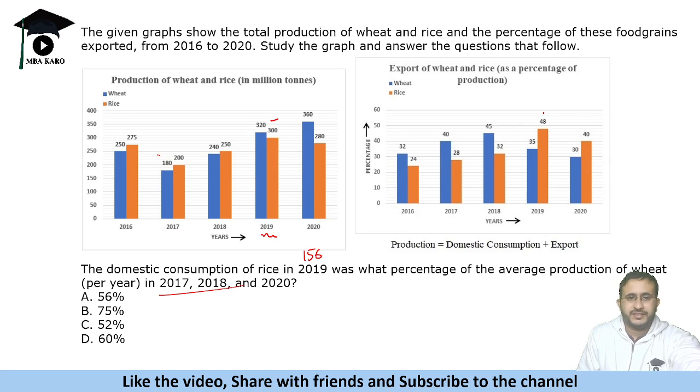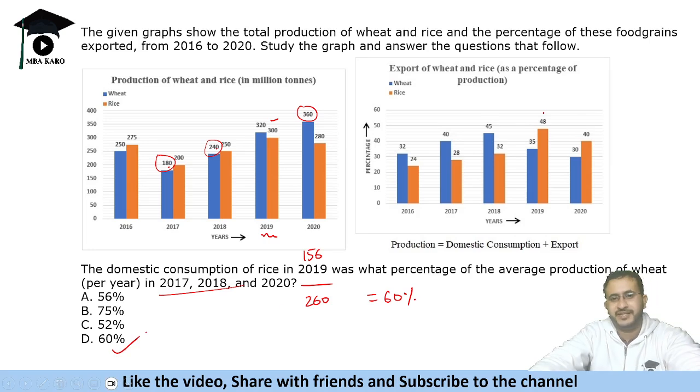Wheat is the blue one, 17, 18 and 20. So this is 600 plus 180, 780 divided by 3 is 260. So this is 60%. 26 into 6 is 156.